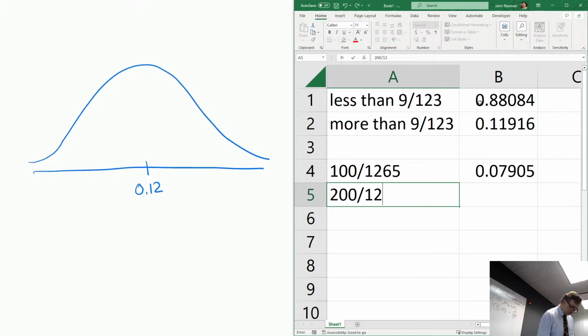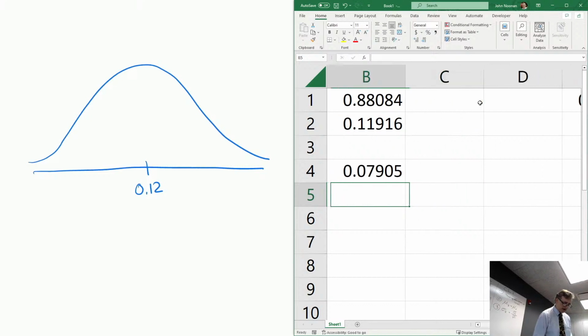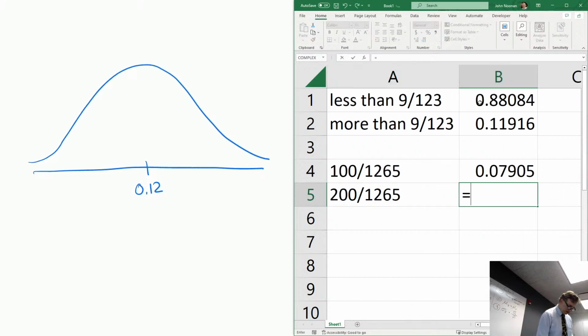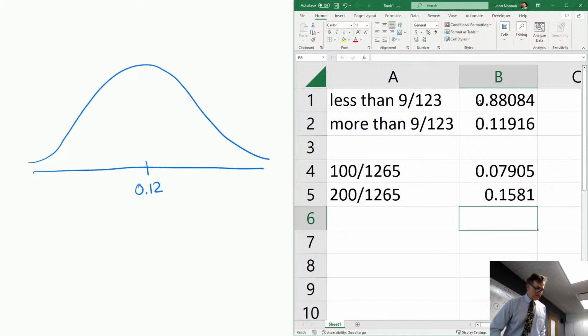And I know you could do this on your calculator, it's fine. So then this is going to equal 200 over 1265. And there it is. So 0.079 and 0.16.